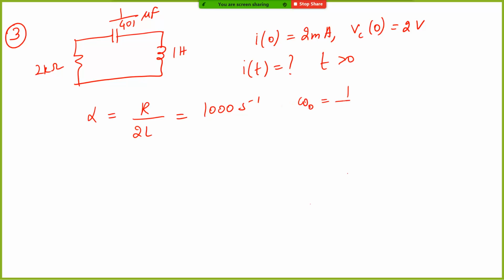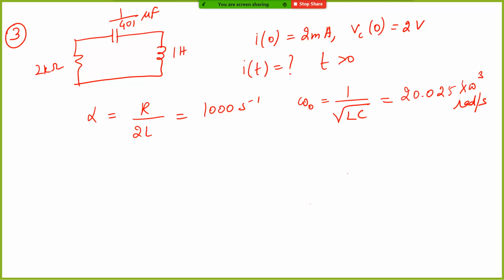What is omega naught? 1 by root LC, which is 20.025 into 10 to the power of 3 radian per second.